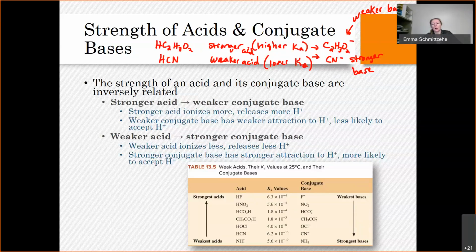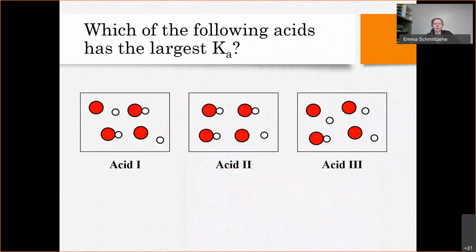Okay, now let's look at kind of a pictorial representation of acid behavior. Okay, so we've got three different diagrams here, acid 1, 2, and 3. And what we're showing here is these different circles. You've got the white ones and the red ones. The white is representing hydrogen, whereas the red is representing the anion of the acid, whatever it is, okay?